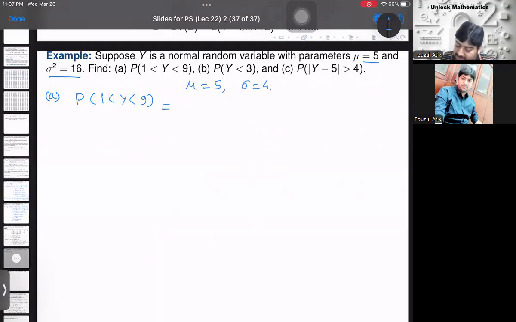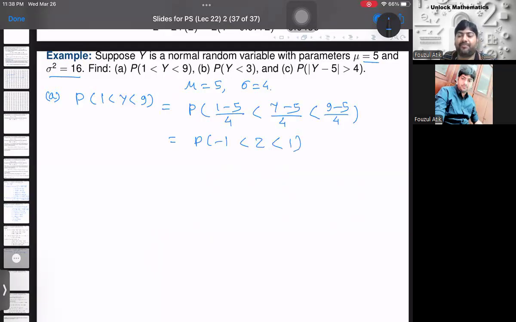So how to do this problem again? We'll convert this y into a standard normal. 1 minus 5 divided by 4 less than y minus 5 divided by 4 less than 9 minus 5 divided by 4. So P of minus 1 less than z less than plus 1.